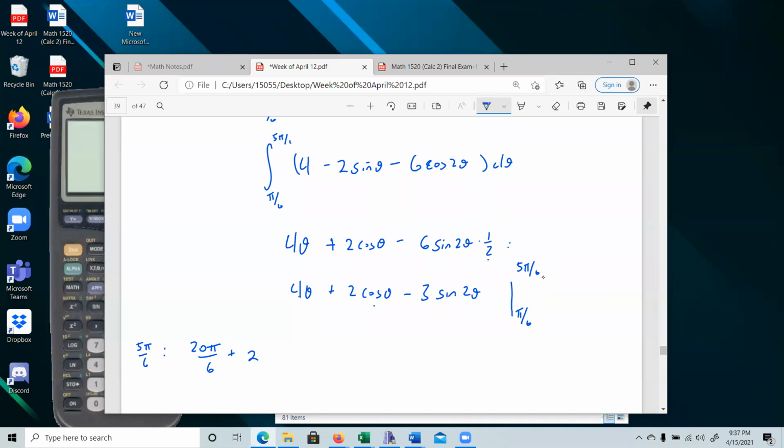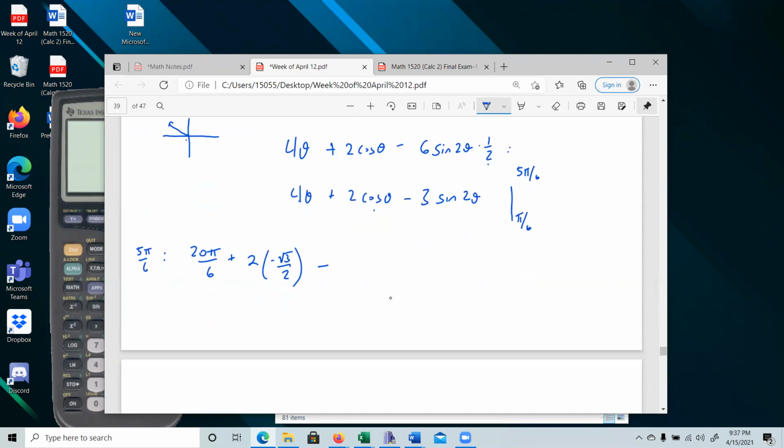What's the cosine of 5 pi over 6? 5 pi over 6 is over here, so it's in quadrant 2. It's going to be negative. So it's going to be negative square root of 3 over 2, because our reference angle is pi over 6, or 30 degrees. Cosine is big there.